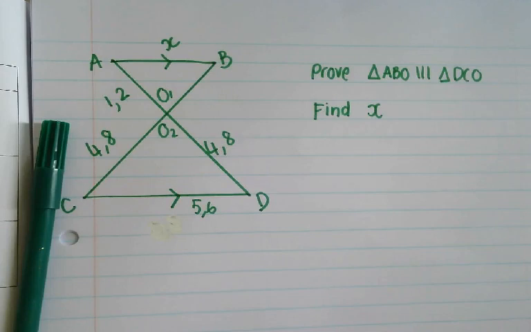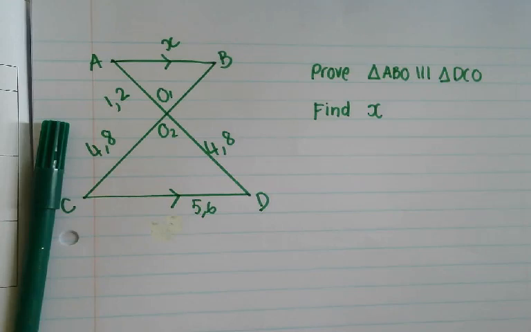AB is x, DC is 5.6, BO, it's just CO. CO is 4.8. AO is 1.2 and DO is 4.8.